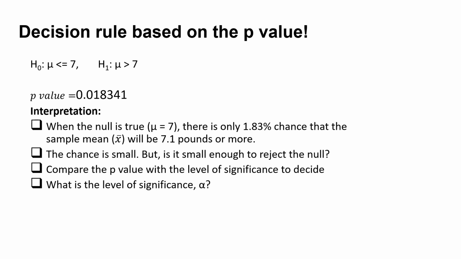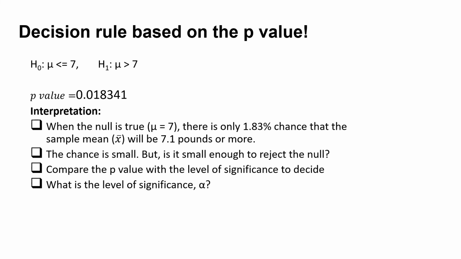So, under the assumption that the mean birth weight of a newborn is 7 pounds, if we pretend it is true, then there is only a 1.83% chance that the sample mean will be 7.1 pounds or more. Remember, that was our sample mean. This is very unlikely. The probability is very low.